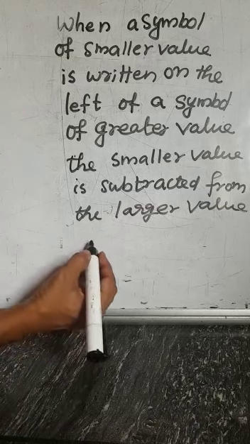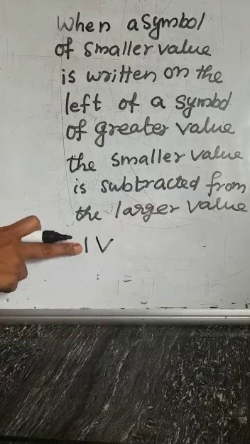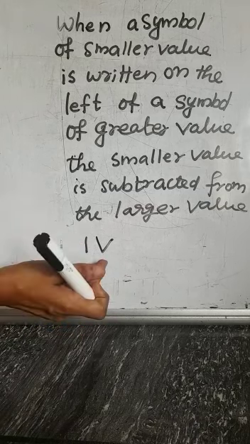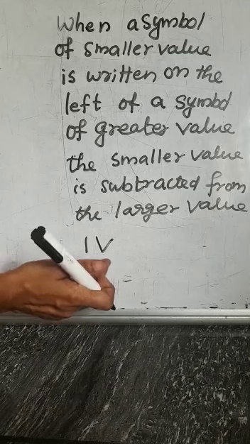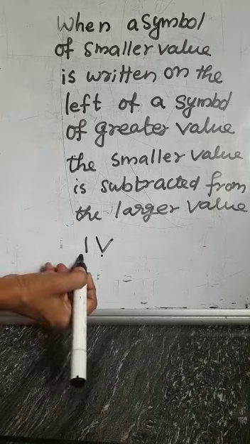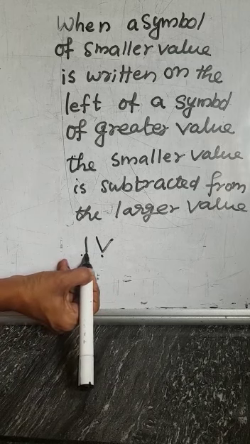Here is an example, IV. Here, the left side symbol is smaller. When a symbol of smaller value is written on the left of a symbol of larger value, here V is the larger value and I is the smaller value.